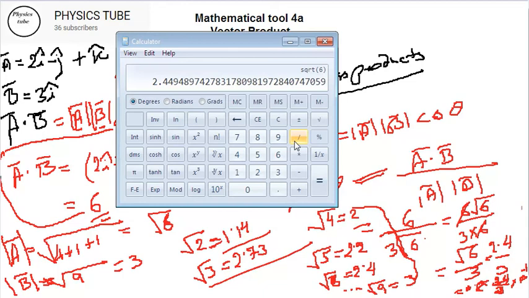I assumed that to be 2.4, and it's coming to be 2.44 divided by 3. So it is coming to be 0.81. So my approximation is coming out exactly the same. Please don't use a calculator because that is harmful for you. So this is our dot product, and with this I end the dot product topic.